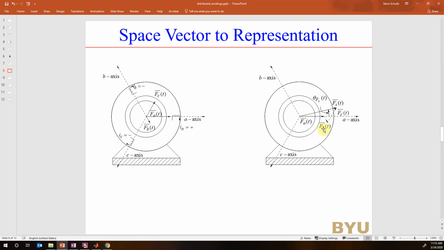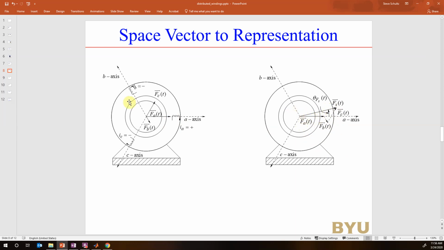And then what you can see is we can take these individual magnetic fields. Since it's linear, those magnetic fields are all going to add together. So I'm going to take my A plus my B plus my C to get my total magnetic field line. This A is produced by this winding, and that's this vector FA right here.